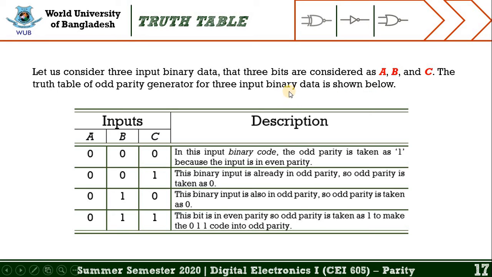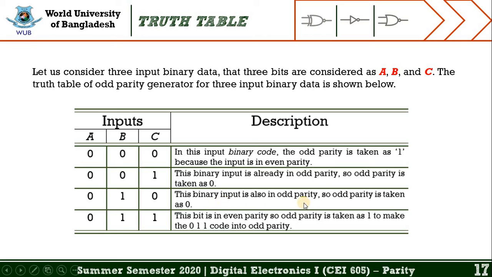When the values of inputs are 0, 0, 0, what does it mean? It means in this input binary code, the odd parity is taken as 1 because the input is in even parity. Next combination, 0, 0, 1. This binary input is already in odd parity, so odd parity is taken as 0. 0, 1, 0.